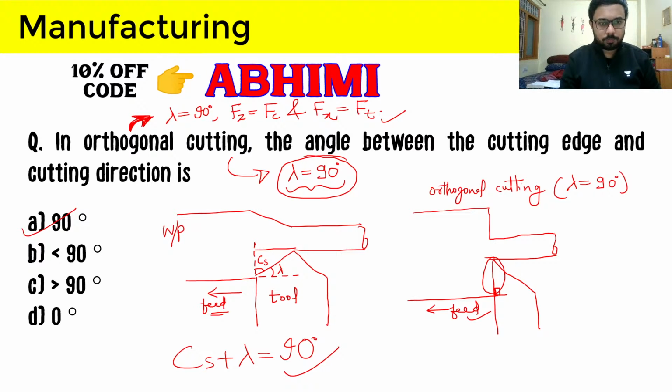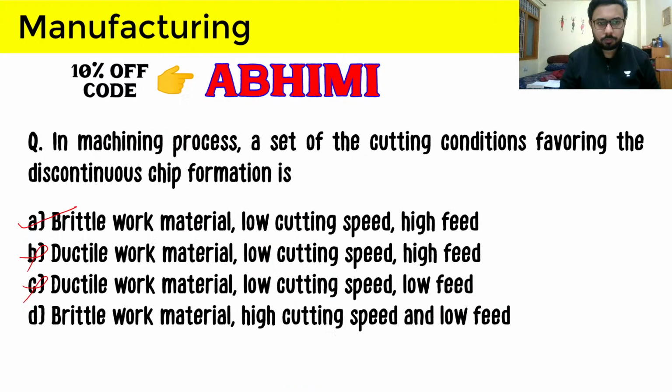So now we discussed our next question. This question was simply asking what is the condition for discontinuous chip formation. And we discussed that the conditions you have to remember for discontinuous chip are brittle work material, large feed, and low cutting speed.